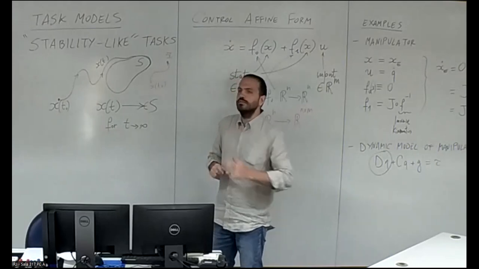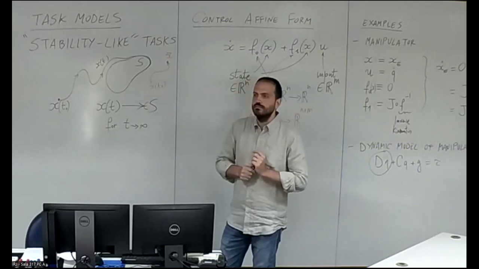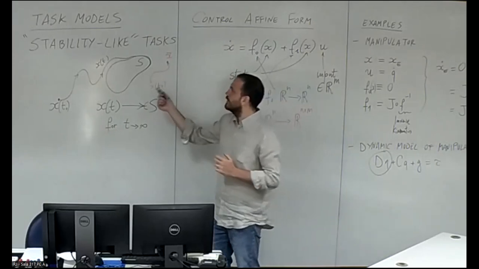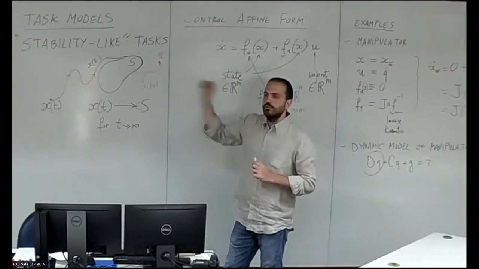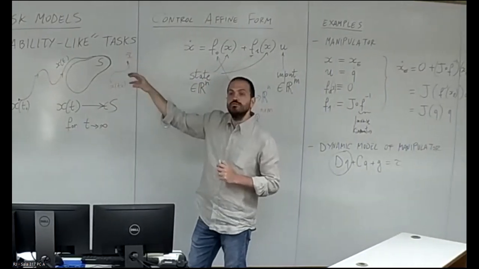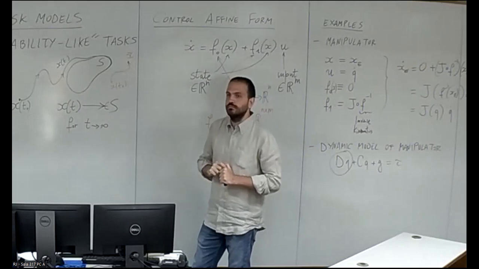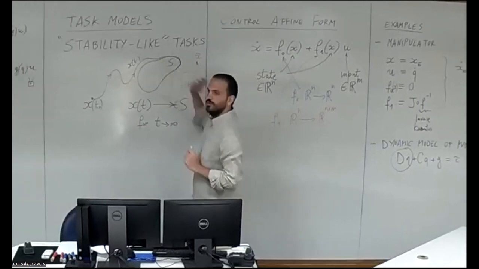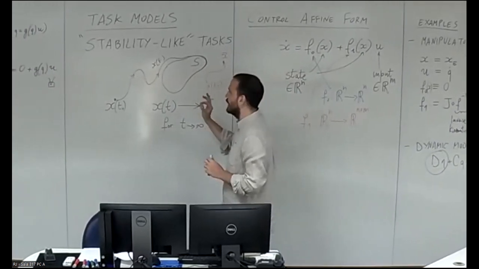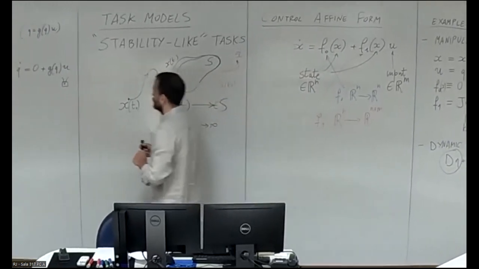Let's take the example of the exercises before. Do you think that can be a stability-like task? Yeah. Like going to a desired pose of the end effector. Right? So in that case, the set is a point, which is what we call the xE bar.